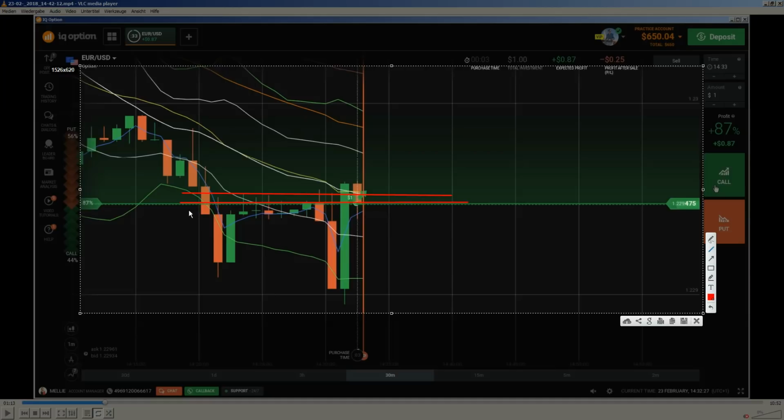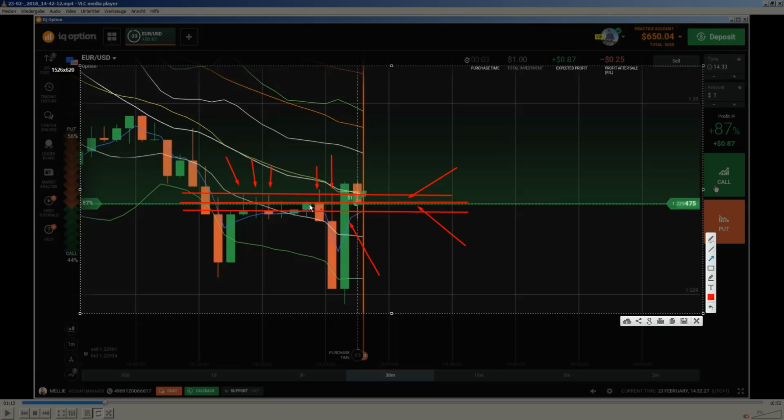We have here a lot of wicks. All those wicks cannot be broken so easily. This candlestick, which I have explained, broke through this area with determination. It closed above all those wicks. That means this area is now acting as a support level, and before this it was a resistance. You see how price rejected from this level all the time, and that is the reason why I'm doing this call.